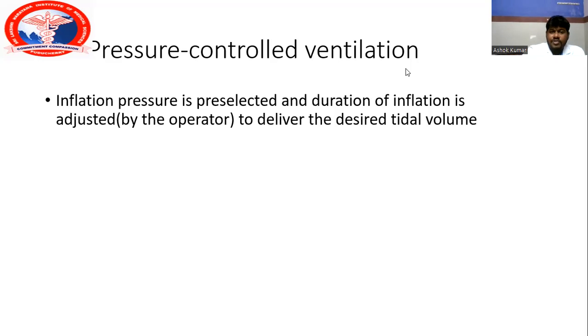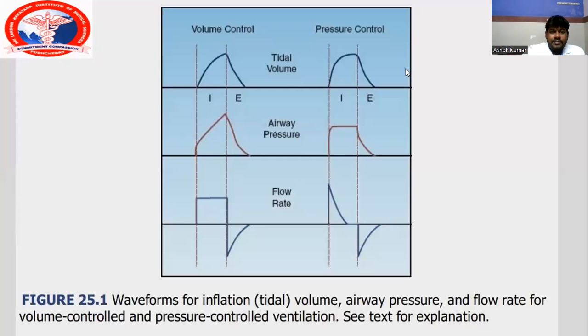Okay, we can proceed to the next slide. This is the basic difference between pressure control ventilation and volume control ventilation. These are the three parameters. On the left side is volume control, and on the right side is pressure control. First is the volume graph, second the pressure graph, third the flow rate graph.